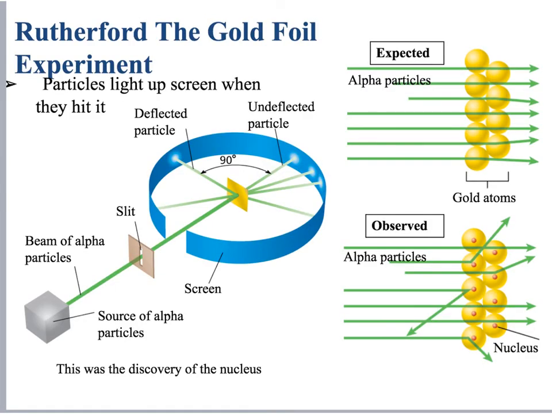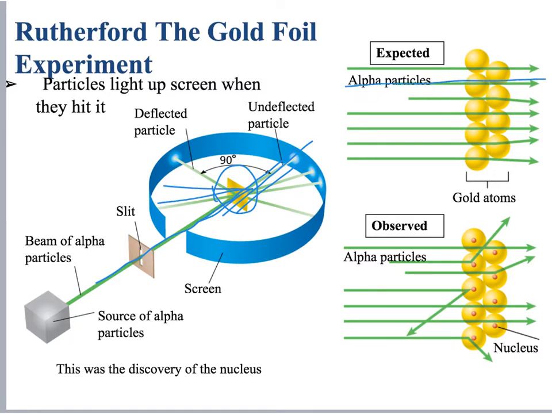So here's a drawing of his gold foil experiment. You can see that he's sending out a source of alpha particles and narrowing them down. He's got a deflector screen, and the gold foil is directly here in the center. When he sent out these beams, some of them did pass through, but others started to bounce back.